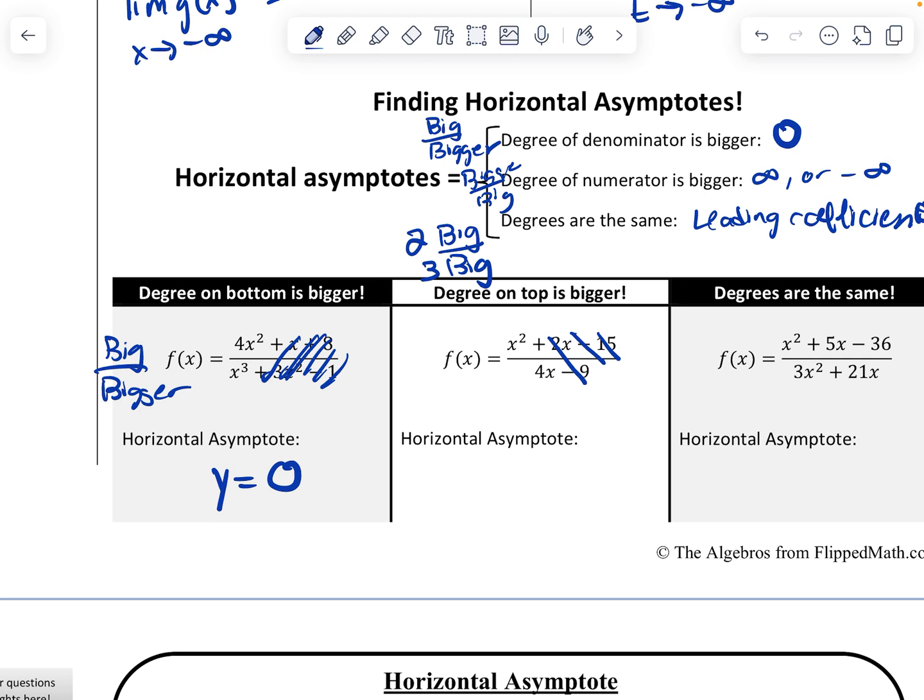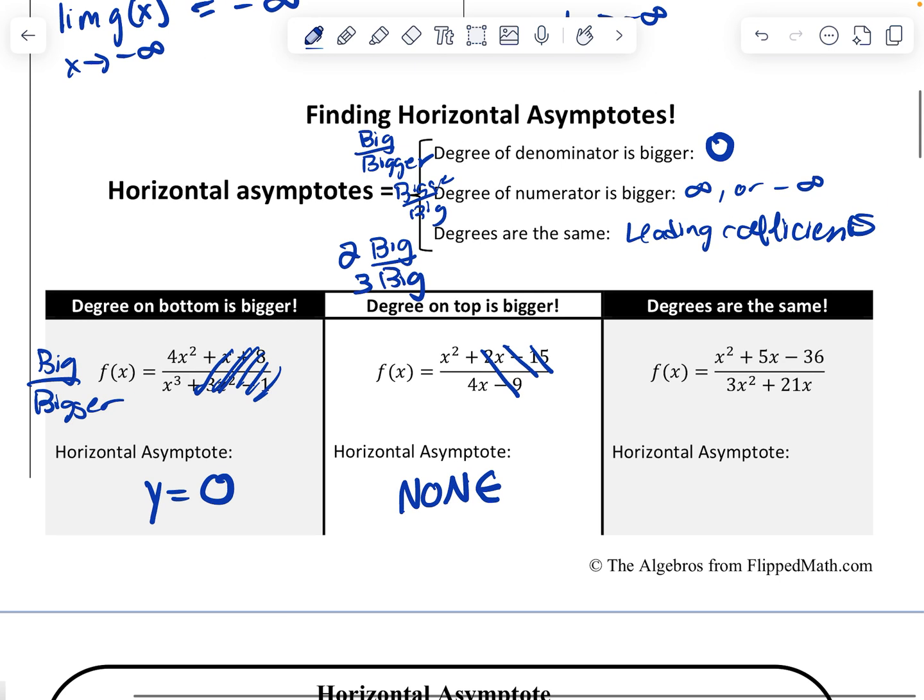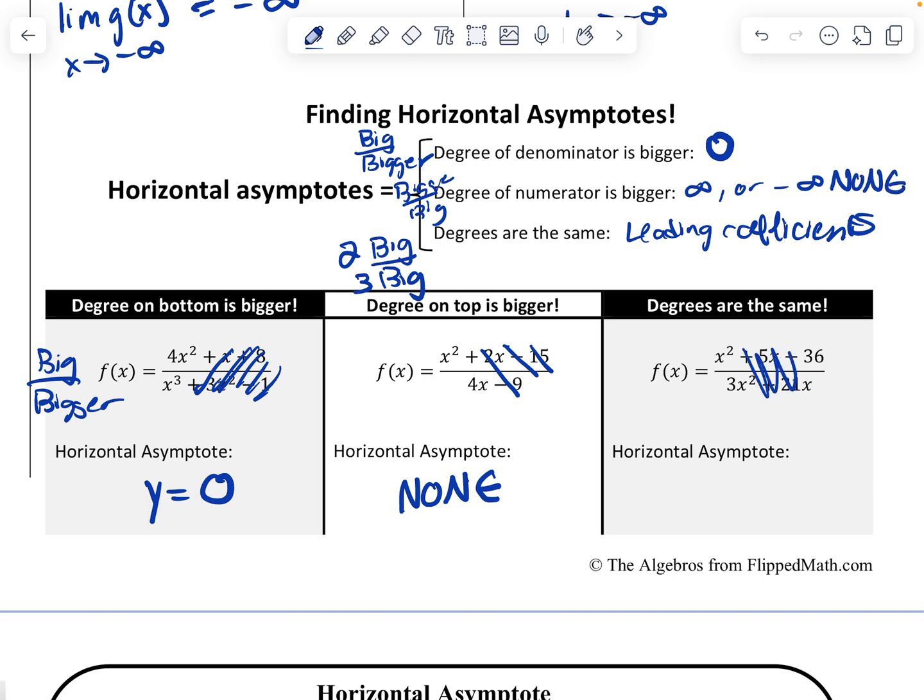So we have x squared over 4x. The horizontal asymptote, there is none. So I guess I could say up here that there is not a horizontal. And if they are the same, we look at those coefficients. So it's y equals 1 over 3.